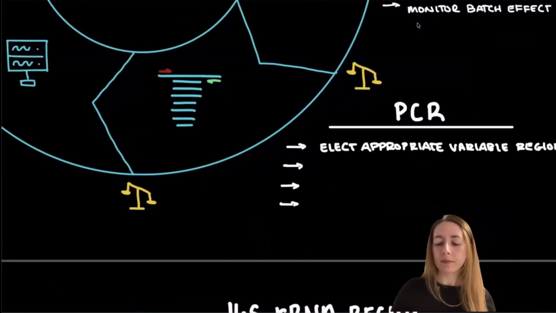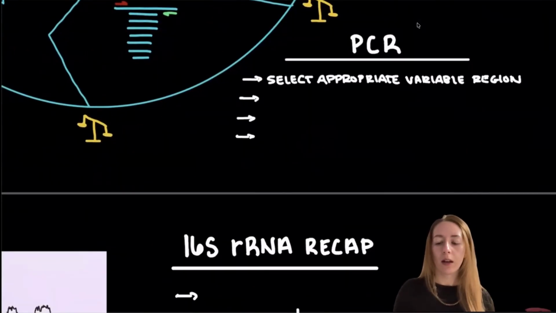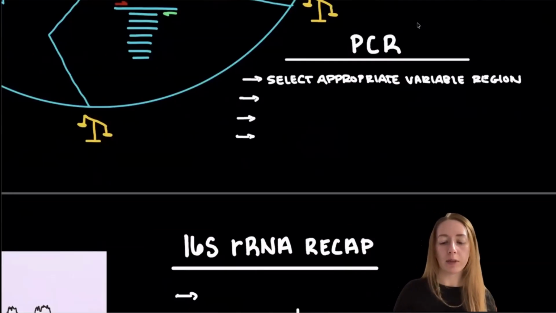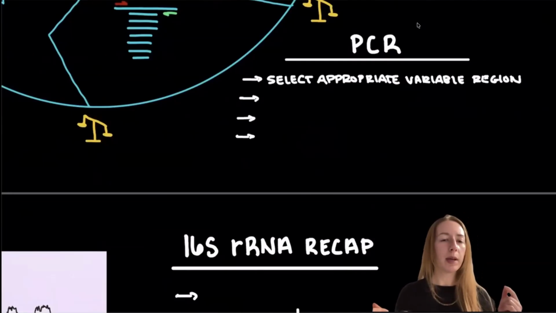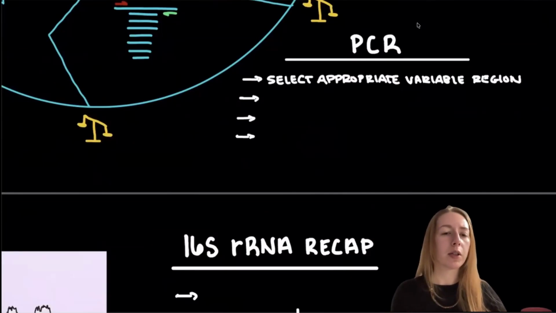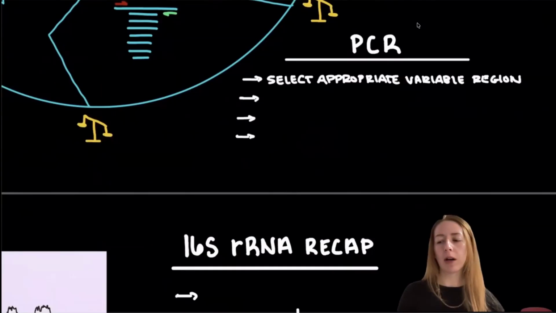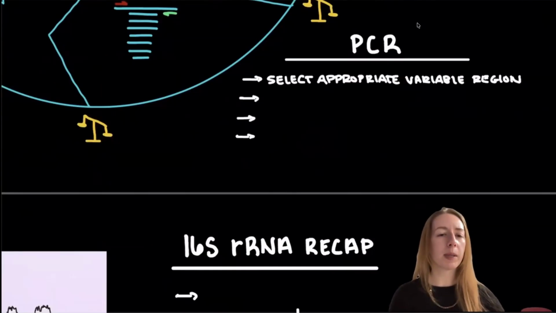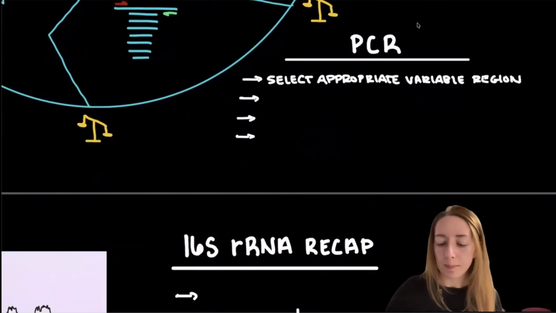All right. And then we also need to select appropriate variable regions. Okay, so with our 16S gene, which I'll talk about in a moment, you want to make sure you pick the right primers, the right regions, to answer the questions that you're interested in. So you might pick a different set of primers if you want more resolution, more specificity of the microbes of interest.